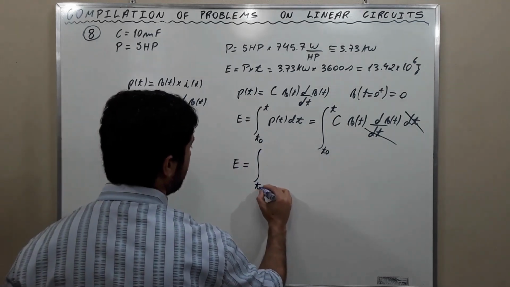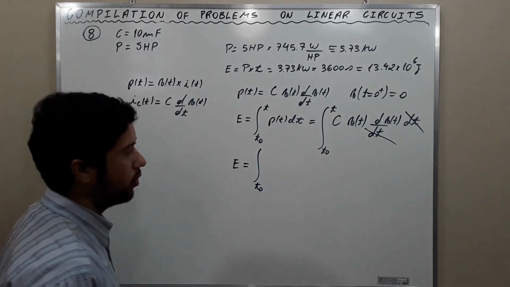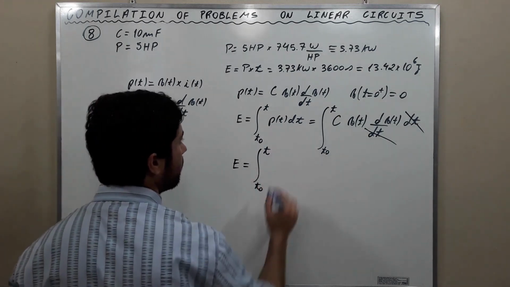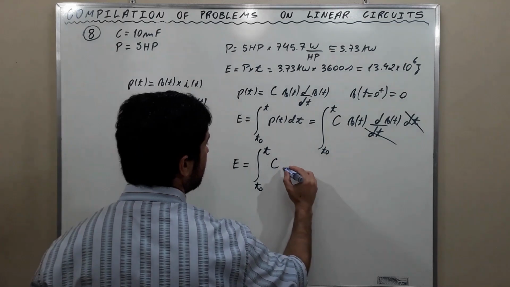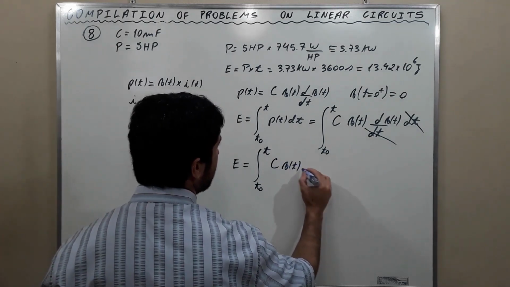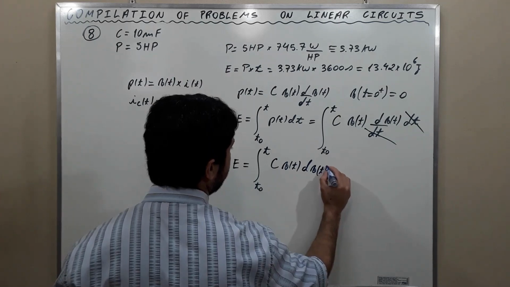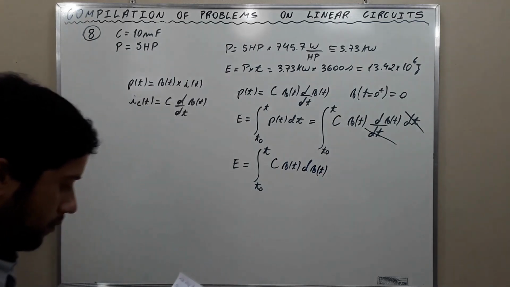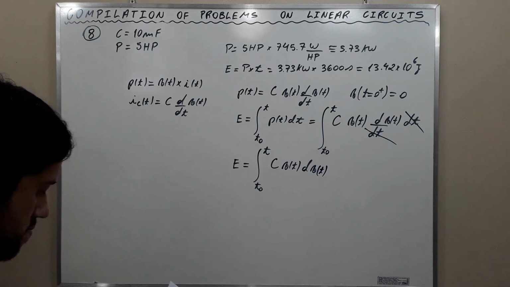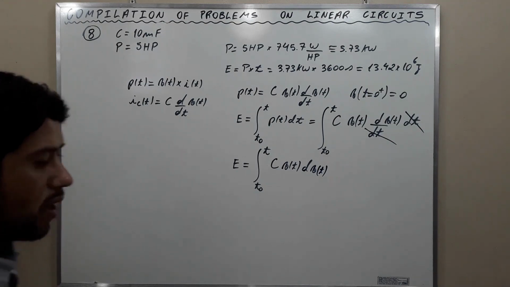The integral from the initial point in time to t of C V of t dV of t. Okay? All right?